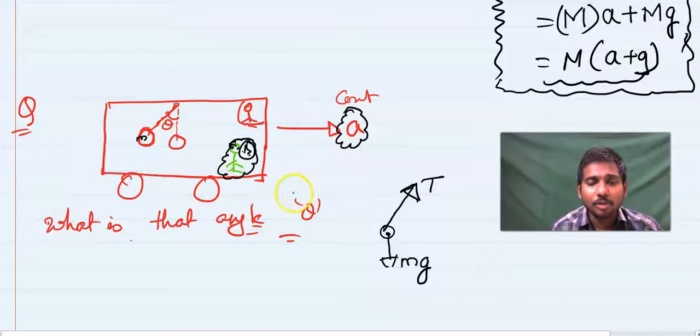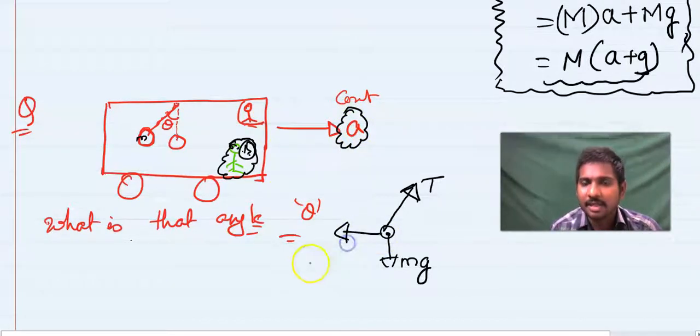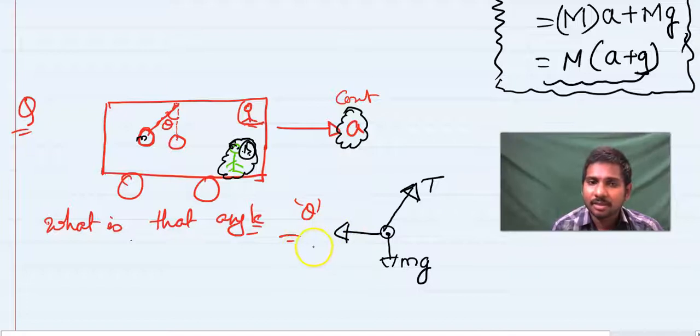What is the direction of that pseudo force? Opposite to the acceleration of the frame of reference. The car is accelerating to the right, so the pseudo force will be in the opposite direction, F_ps. So this is theta.